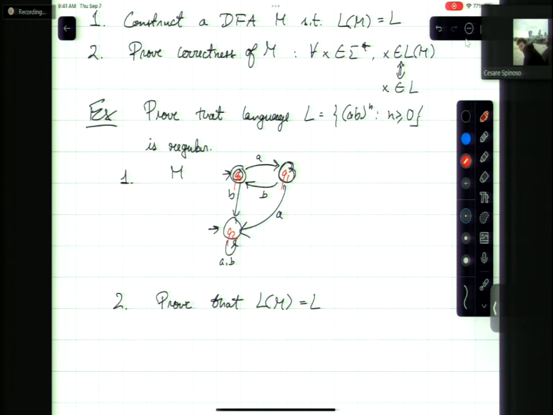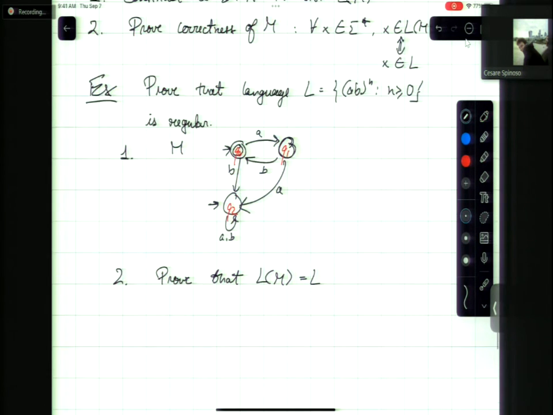Okay. And so what's the proof technique to do this? To do this very rigorously, the first thing you need to do is make a claim about the extended transition function delta star, and prove that claim.